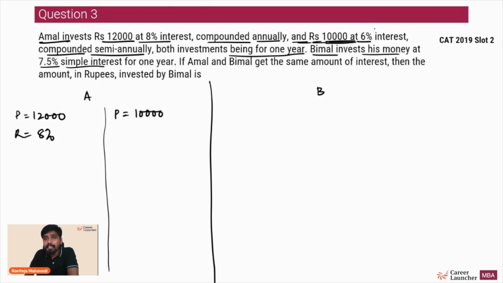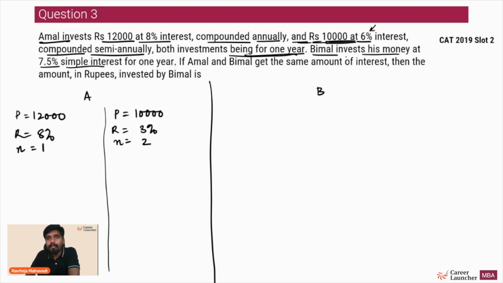Rate of interest is 6% per annum compounded semi-annually, so the rate of interest will become half, 3%, and both investments being for 1 year. So N over here is 2 because there are 2 half-year terms, while N over here is 1 because there is only 1 full-year term.